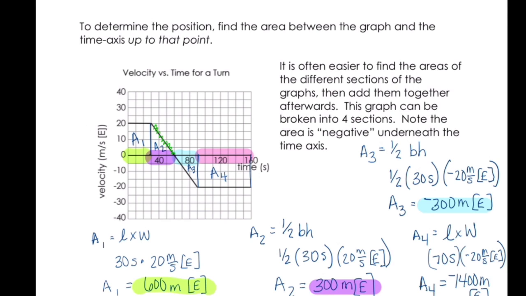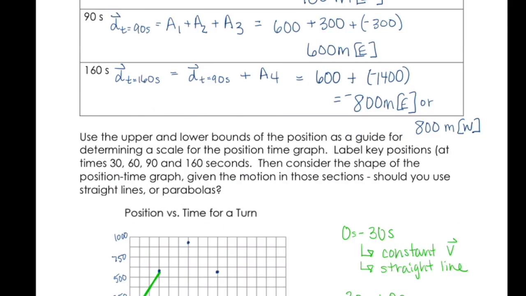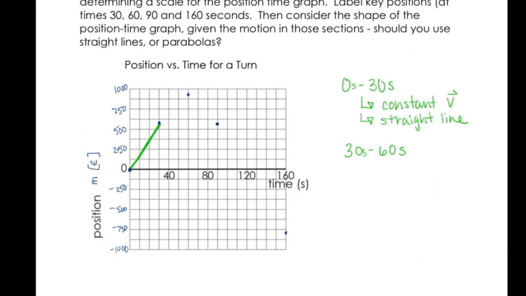So we're decelerating. So during this time, and I probably should have changed the color, we'll make it pink. So during this time, we are decelerating, meaning that our velocity is changing, it's slowing down, so it's going to be a parabola.